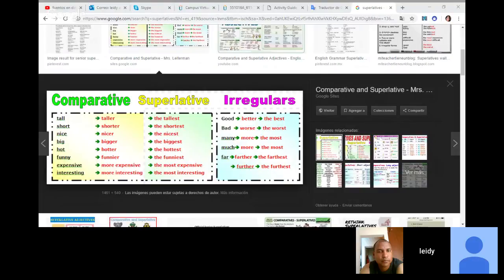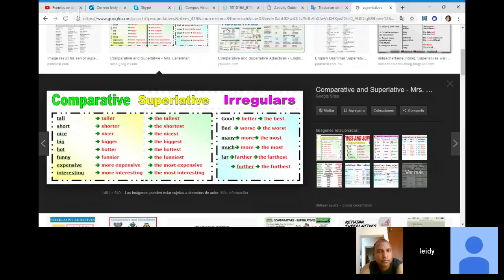Difference is like in Spanish, diferencias. Yes, yes. But different is the comparatives. No, teacher.